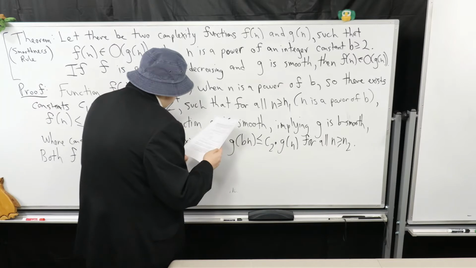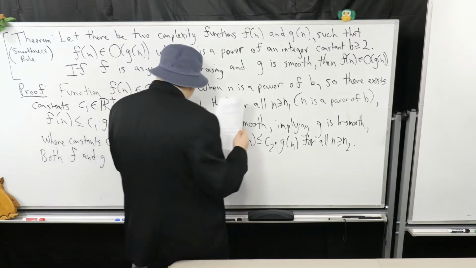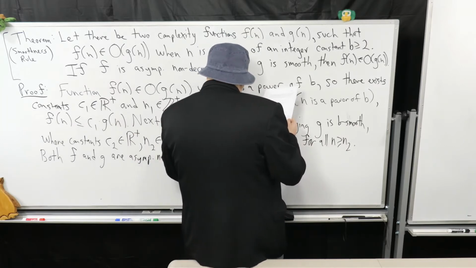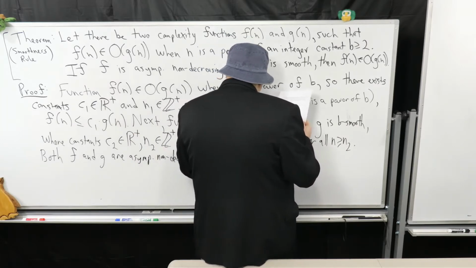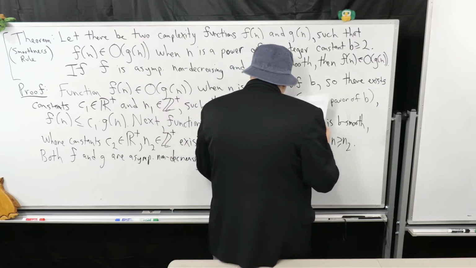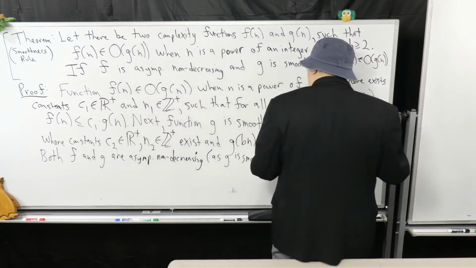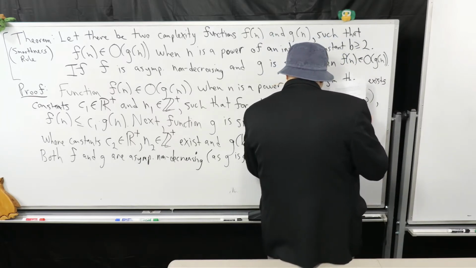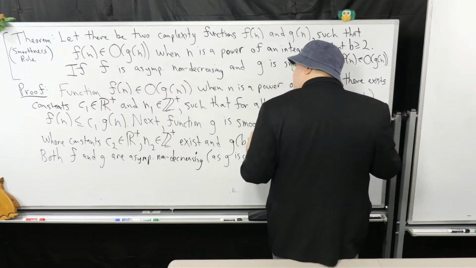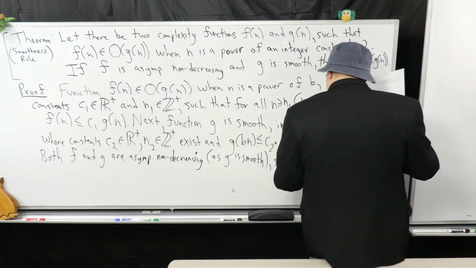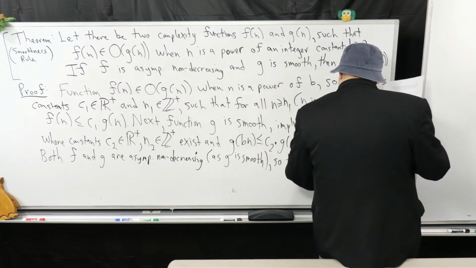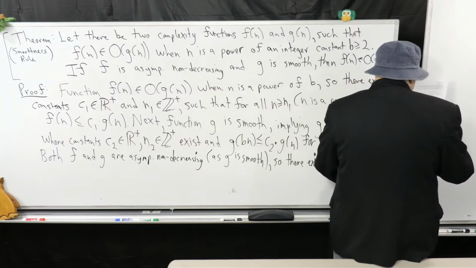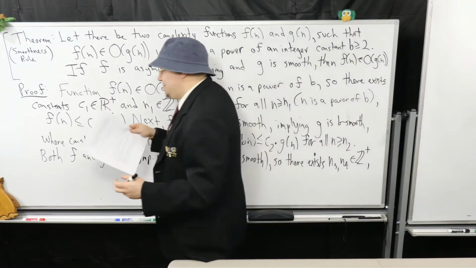I'm putting parentheses to remind you that as g is smooth, because some people forget that smoothness implies that it's asymptotically non-decreasing as well. So there exist n3 and n4, which are both going to be positive integers. I'm going to invoke it twice, just chain them together.